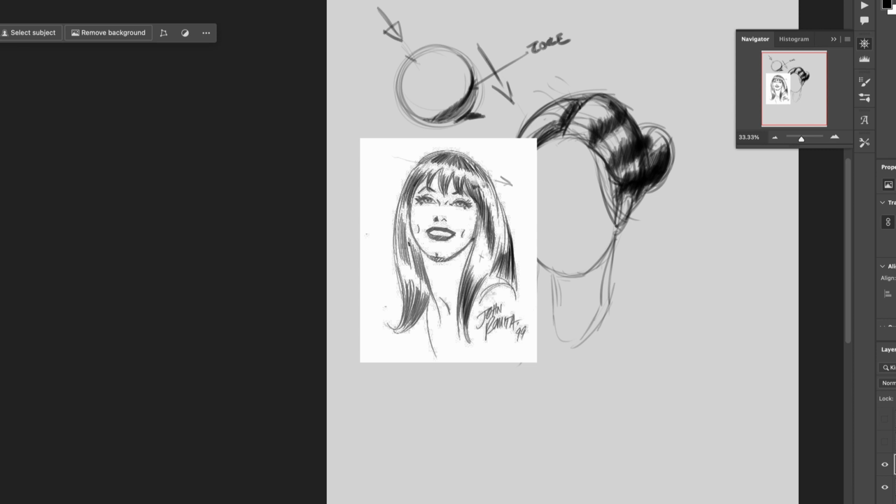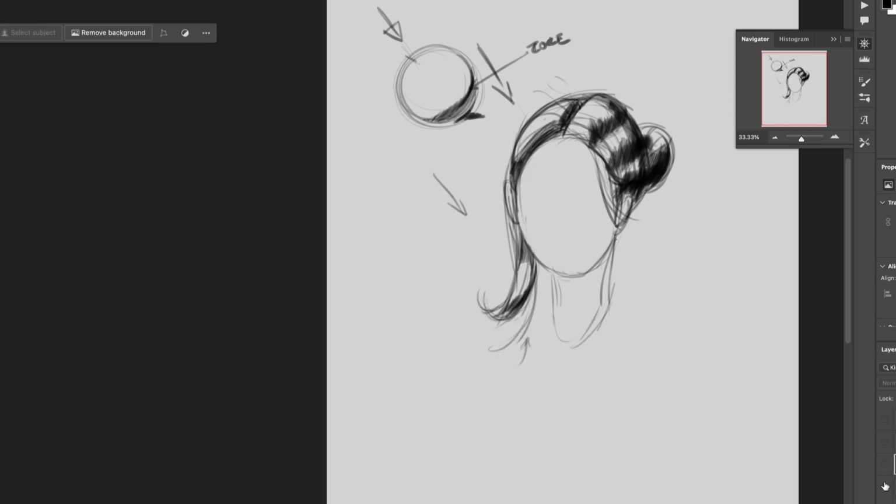So you always want to keep that kind of contrast: light, dark, light, dark, all the time. This is pretty much for American comics or simple cartoons and things like that. That's the general rule there.